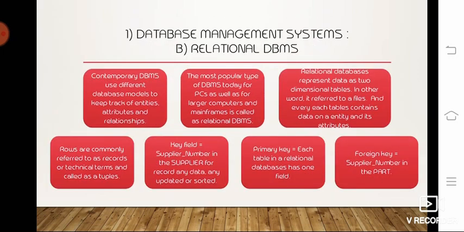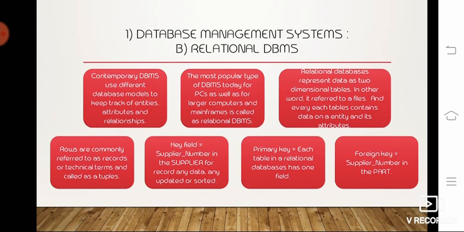Next, point B: relational DBMS. Contemporary DBMS use different database models to keep track of entities, attributes, and relationships. The most popular type of DBMS today for PCs as well as for larger computers and mainframes is the relational DBMS.